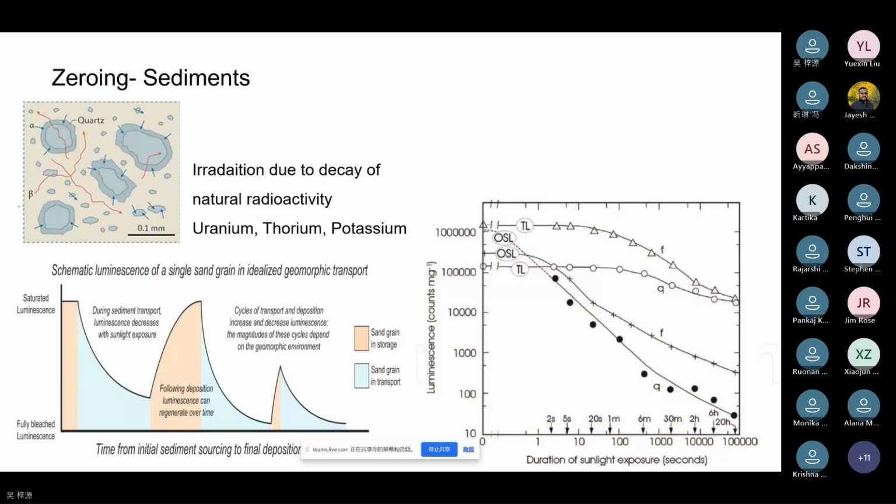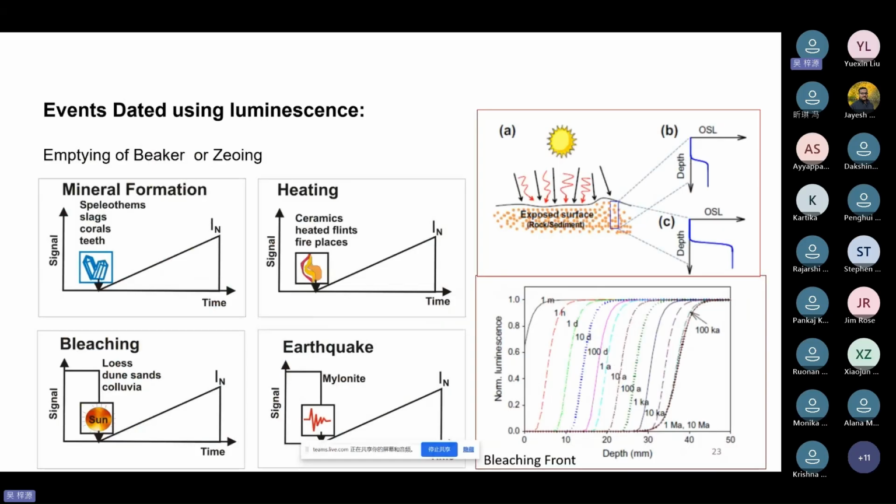The events that you date using luminescence are where the initial luminescence is reset to 0. So you have a mineral formation event like gypsum or slags, speleothem, where the mineral forms here. So you start acquiring a crystal structure here, and from there onwards you start measurement, increasing luminescence.